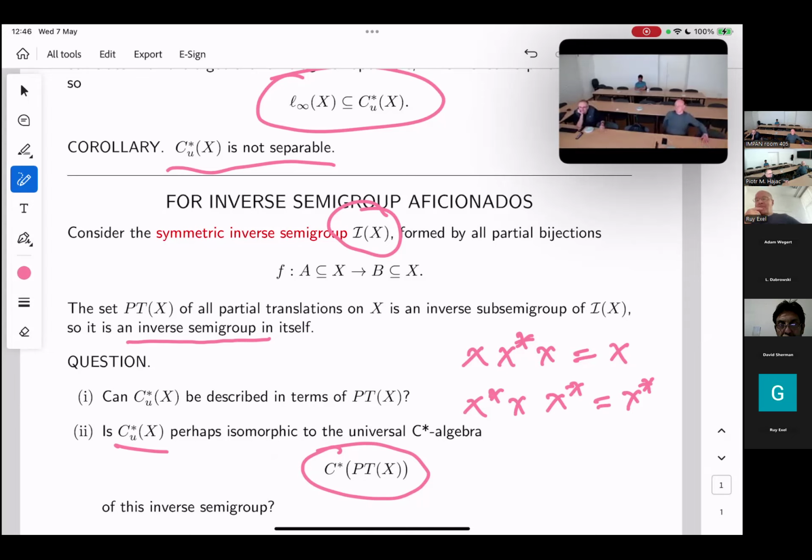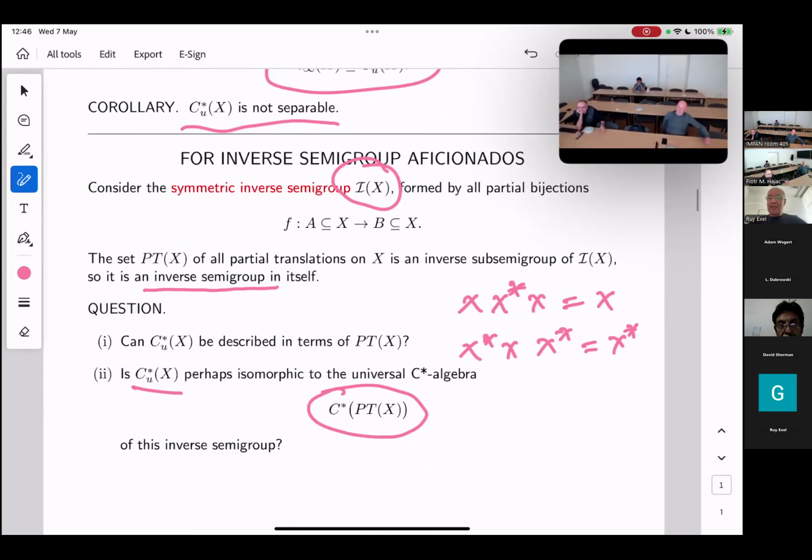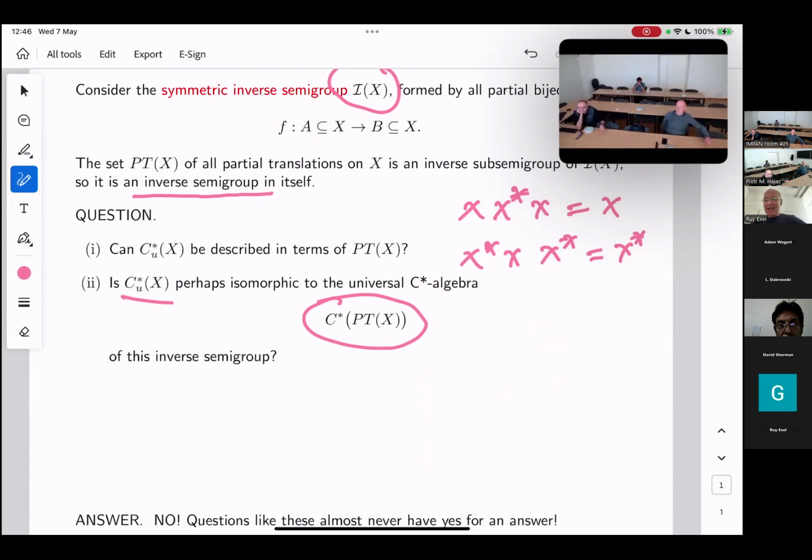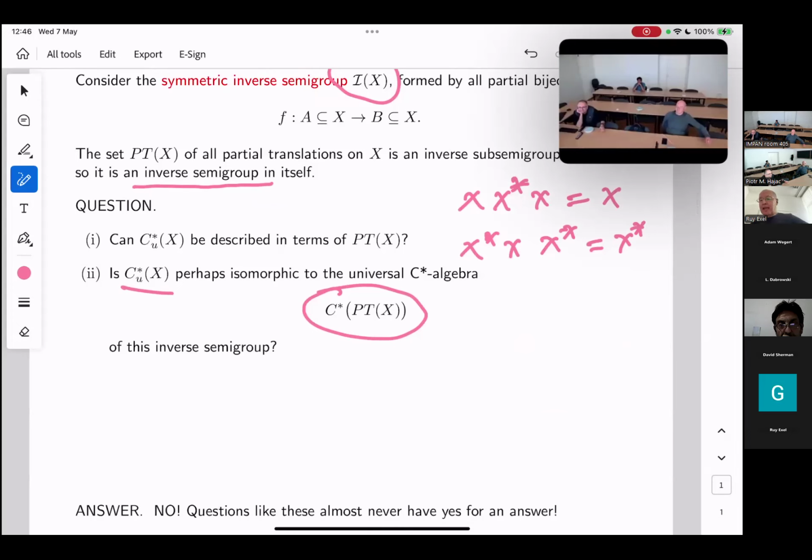I am aware that I am veering off topic, but since I am very much into inverse semigroups, I realize that this is a connection with uniform Roe algebras. So the answer is no. And questions like this almost never have yes for an answer.